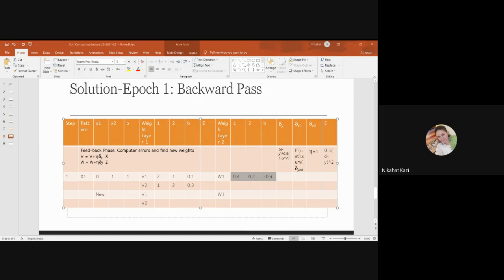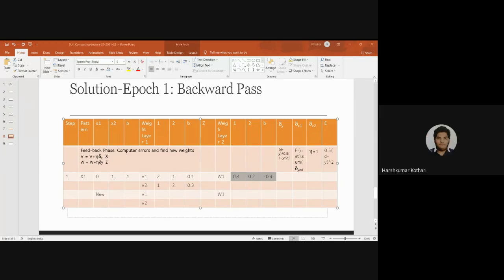What value are you getting? 0.494. Are you sure? D is given to be 1.